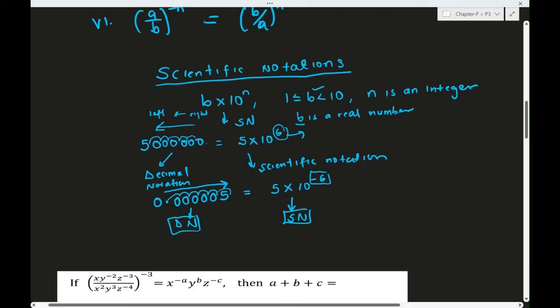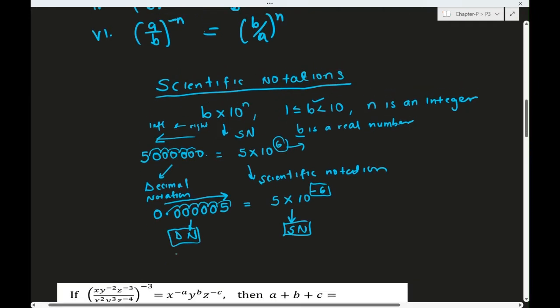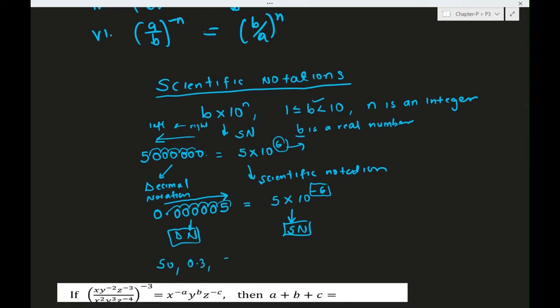Numbers like 50 or 0.35 are all in decimal notation, so we can easily convert. For example, 5 is 5 times 10 raised to the power 0. This makes it scientific notation.